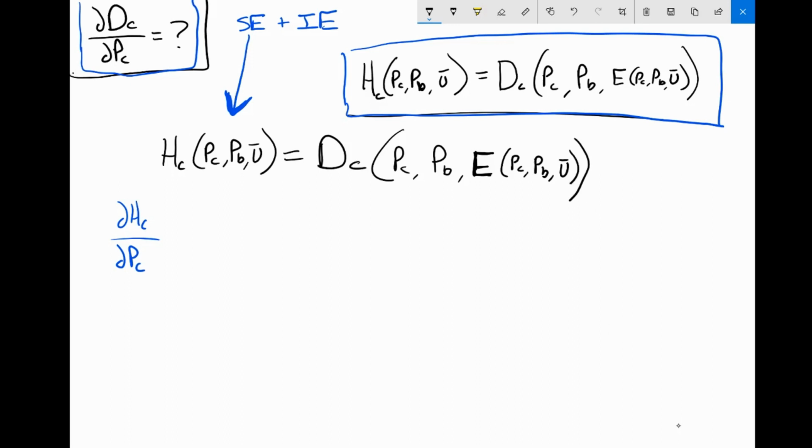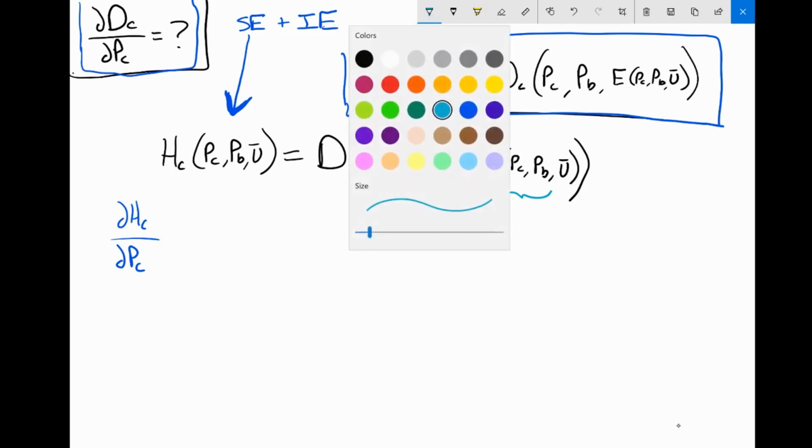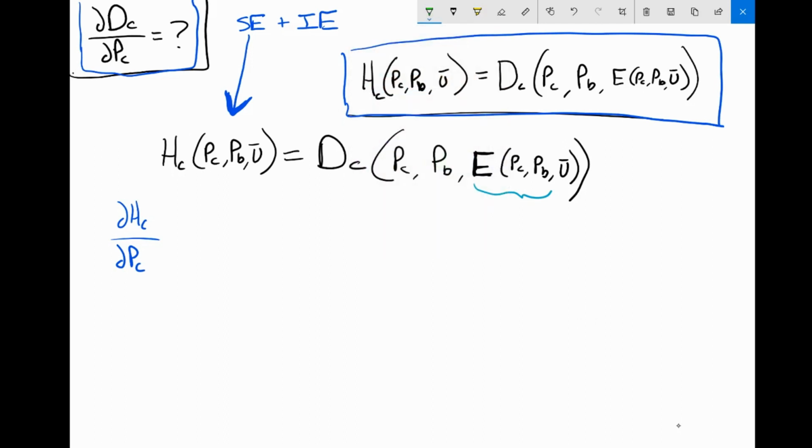Because with the optimal expenditure function plugged in, the uncompensated demand curve is directly a function of the price of coffee, and it is indirectly a function of the price of coffee, which means we need to take a direct derivative and the chain rule partial derivative. So that's what we're going to do. We're going to take the total derivative.